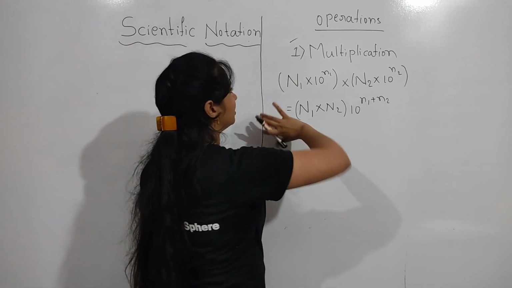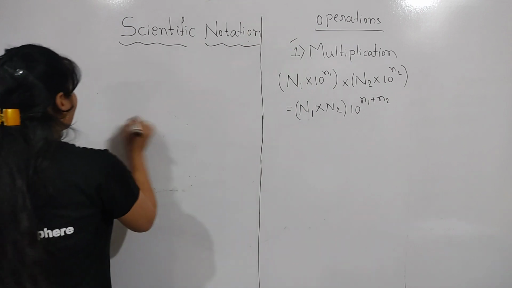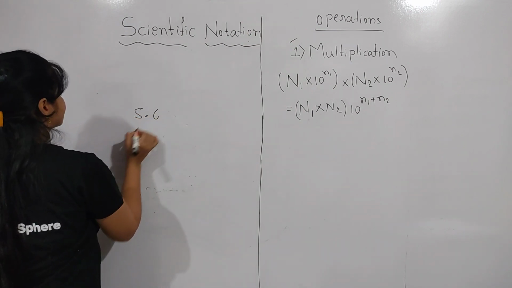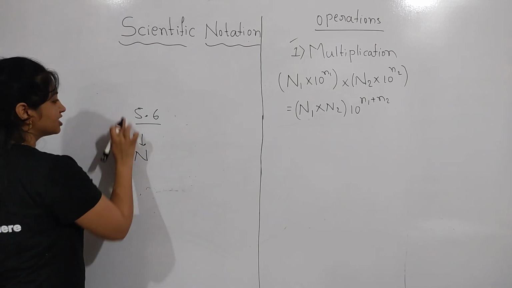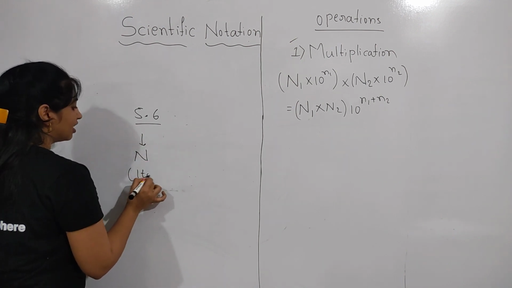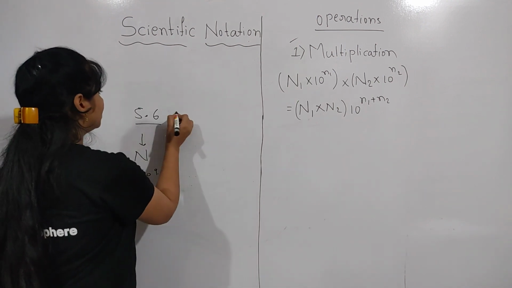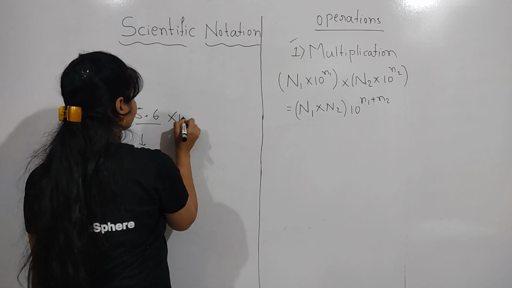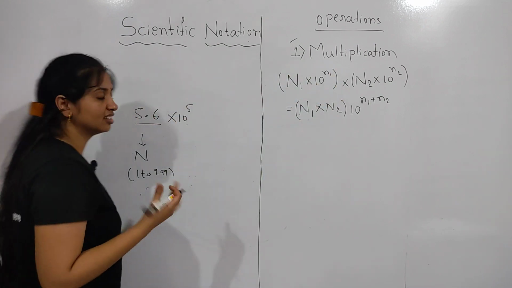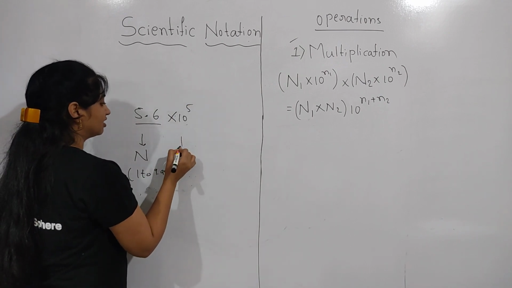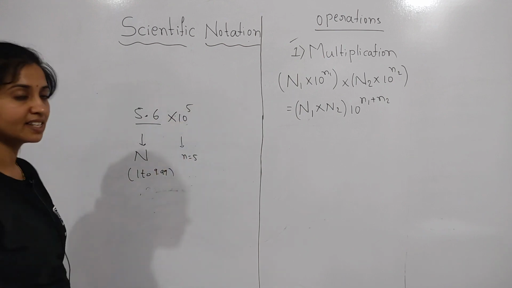In the form of multiplication, N1 into 10 raised to n1. For example, I write here 5.6. So this is our capital N, because this number is in between 1 to 9.999. And next, into 10 raised to n1. Just I take a 5 here. So in the form of small n, we have a 5. The exponent value is 5 here.